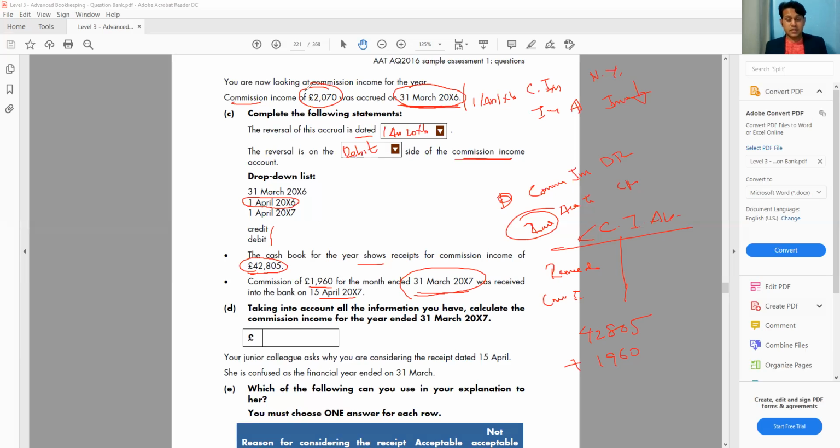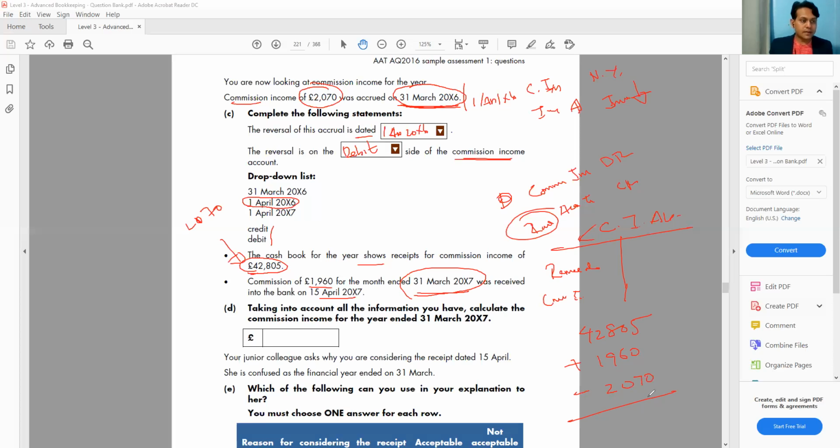This 2070 we already showed as accrued income last year. So this year I have to minus it, because 2070 is inside this 42,805 that I received after the year end. So I have to minus that 2070.